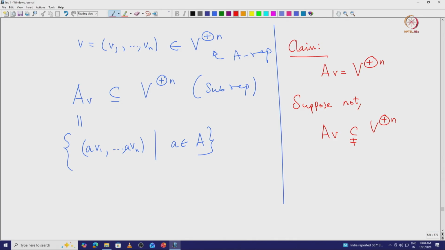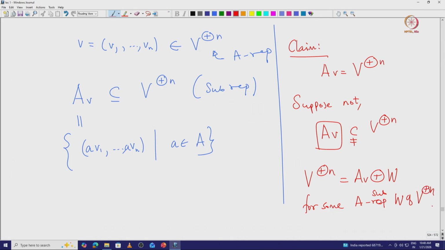So, given this sub representation of V direct sum n, we will have a CG complement of that. So, we can write V direct sum n as AV direct sum W for some sub representation W of V direct sum n. This is possible because we are working with a finite group G.